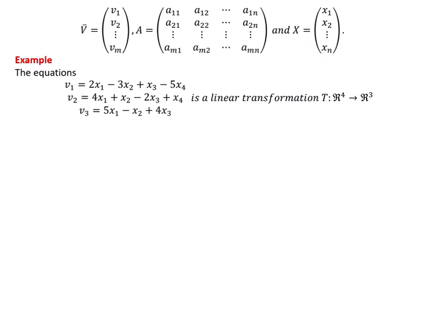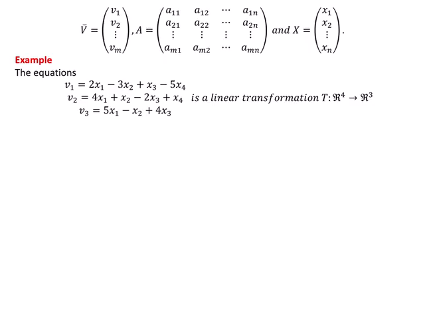The equation V1 is given as 2x1 minus 3x2 plus x3 minus 5x4, that is the first equation. Then the second one, V2, is given as 4x1 plus x2 minus 2x3 plus 4x4. Then the third one is V3 equals 5x1 minus x2 plus 4x3.